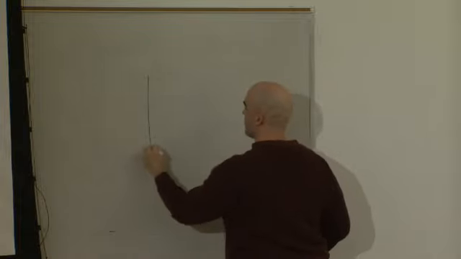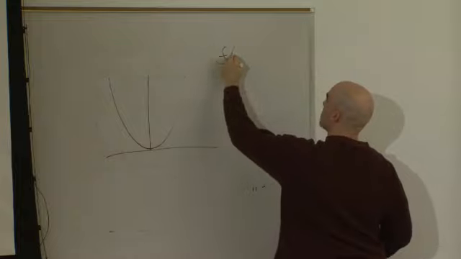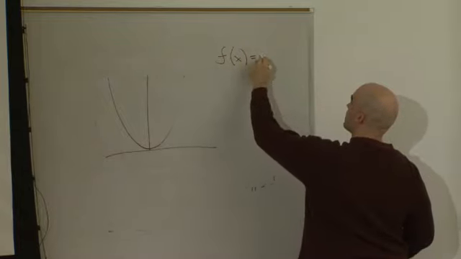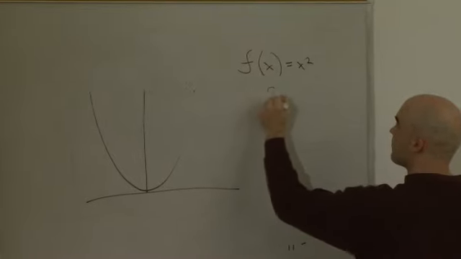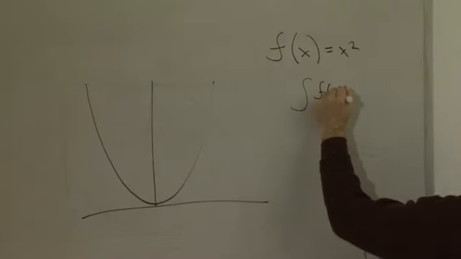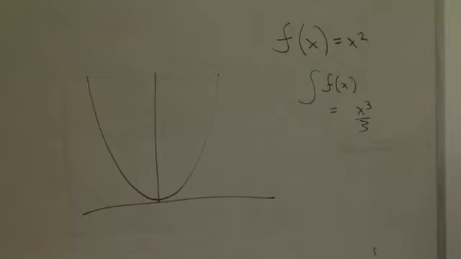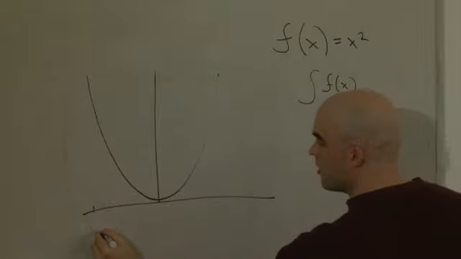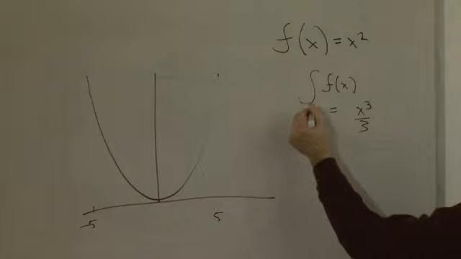So let's say that I have what I want to find. I'm not going to do it for the general case, because this is a numeric method. Let's say I do it from -5 to 5. So I want to do this.